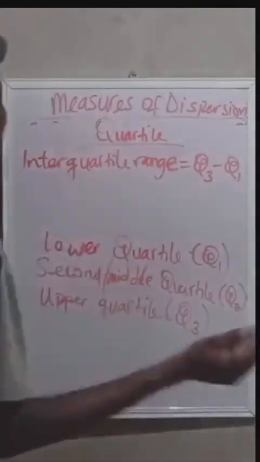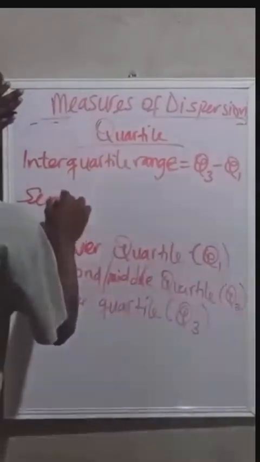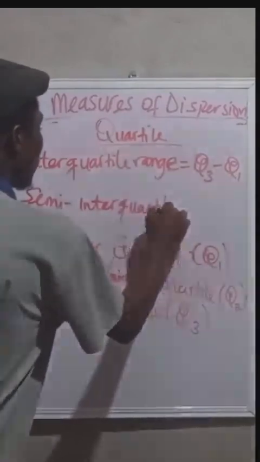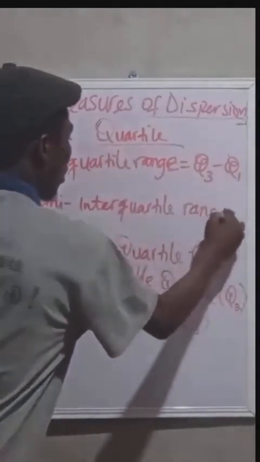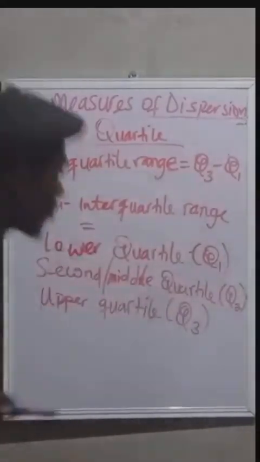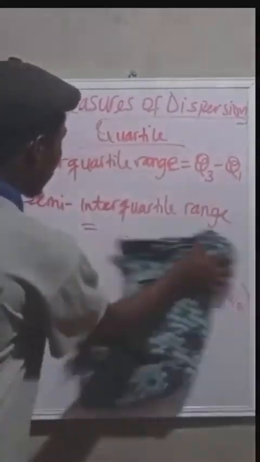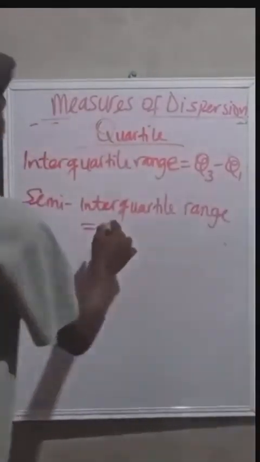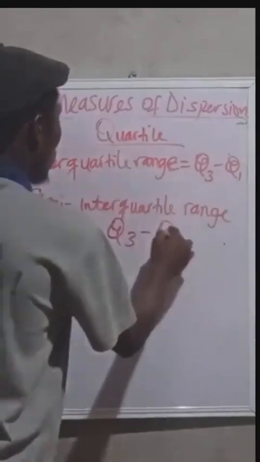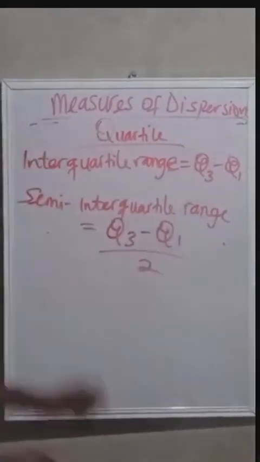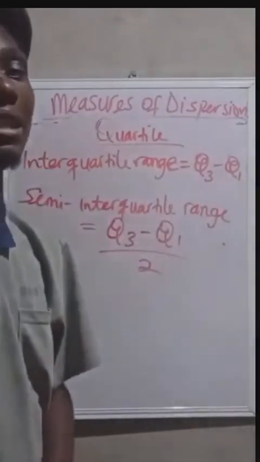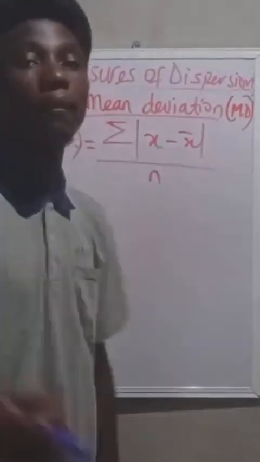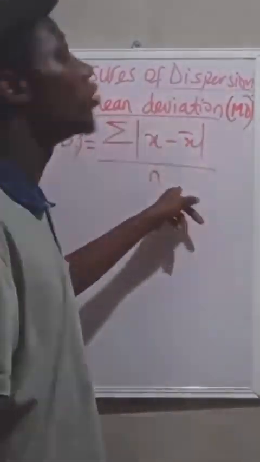So semi-interquartile range is equal to Q3 minus Q1 divided by 2. That is your semi-interquartile range.